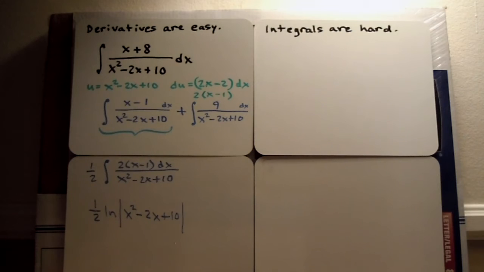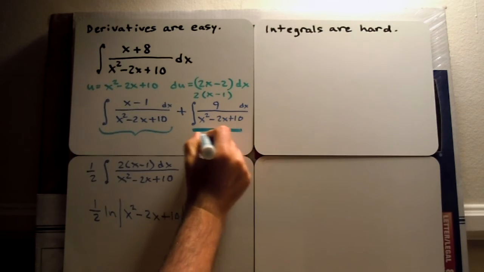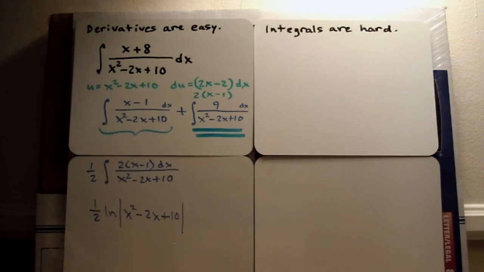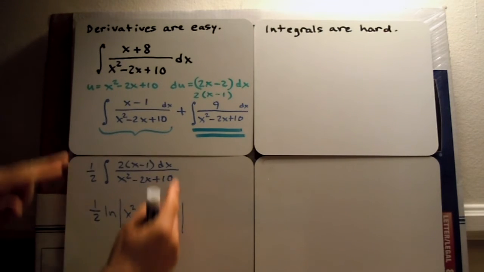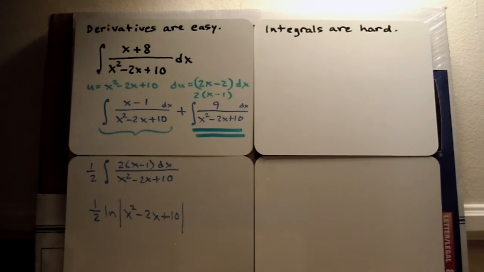But we have this other integral right here, and I'm going to go ahead and do that on the right-hand side. So that's going to be the integral of the first portion that we split up.